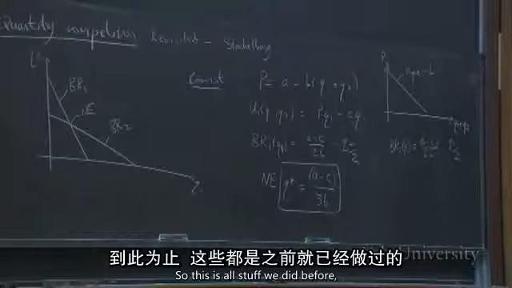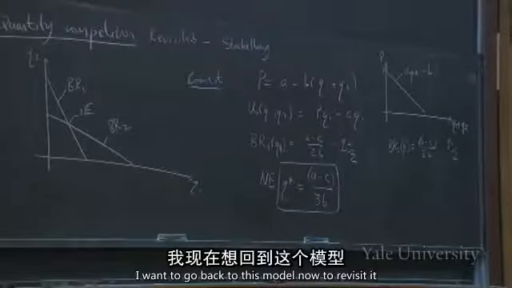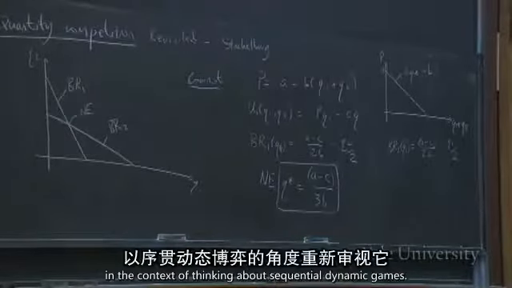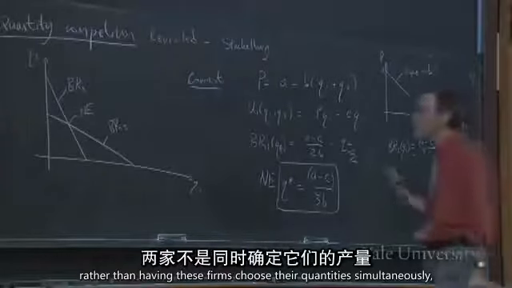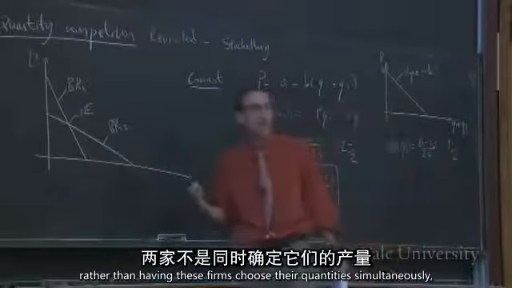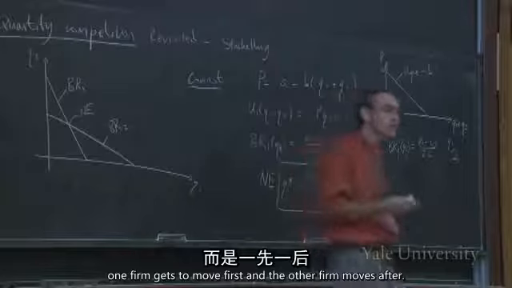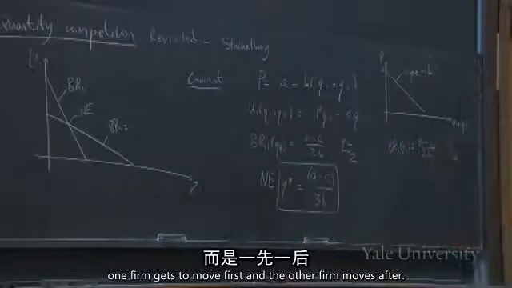So this is all stuff we did before. I want to go back to this model now to revisit it in the context of sequential or dynamic games. Rather than having these firms choose their quantities simultaneously, one firm gets to move first and the other firm moves after.